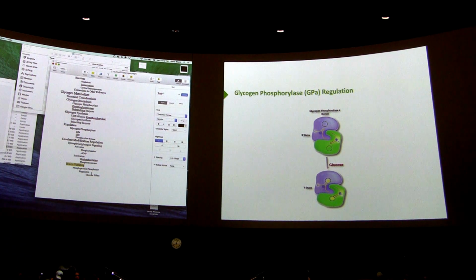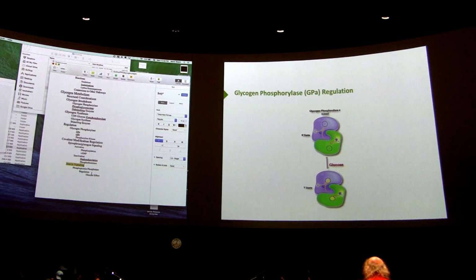So why do we say that this is the most active form of the enzyme? Notice that there's nothing on the left side indicating moving up to the R state. There's no allosteric effector that converts the T state into the R state. What does that mean? It means that when there's no glucose, the enzyme automatically goes into the R state. Only when there's glucose will this enzyme get put into the T state.